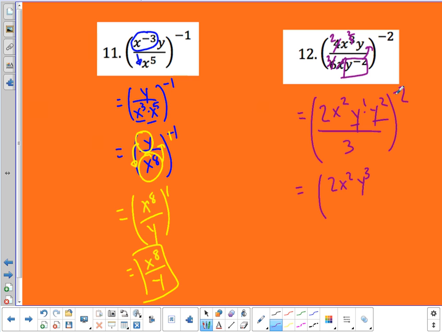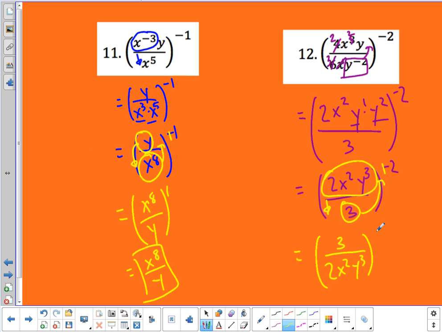Y to the 1st times y squared is y to the 3rd over 3, all raised to the negative 2 power. Now, everything on top goes down, everything on the bottom goes up. This becomes positive. So that's 3 over 2x squared y to the 3rd, still raised to a power.